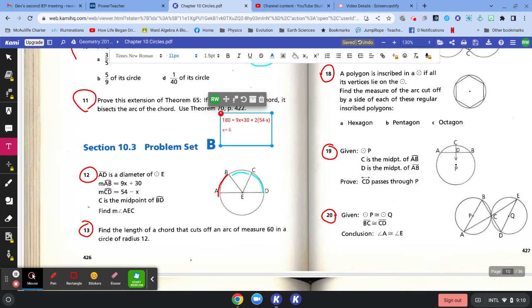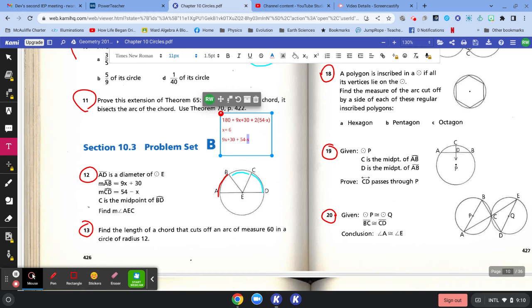So now I need to add the expression for arc AB and the expression for arc CD. The expression for arc CD is the same as the expression for arc BC, and we need that and the expression for AB to combine. So we just need to add 9x plus 30 plus 54 minus x.